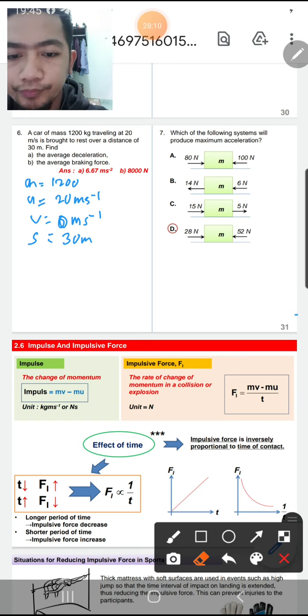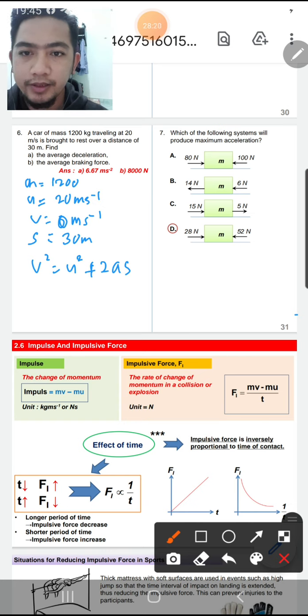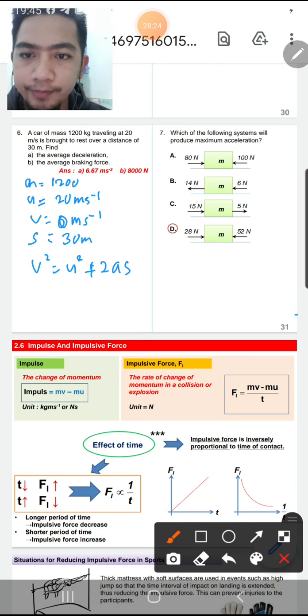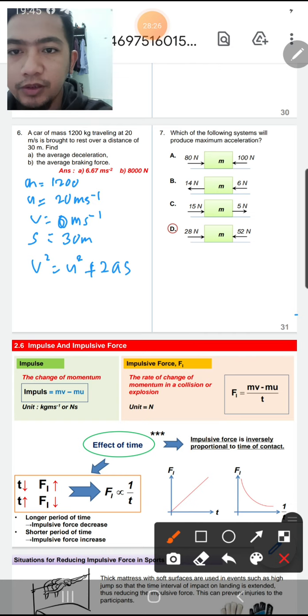V square equal to U square plus 2AS. Remember this formula from the previous subtopic? So just substitute the value.